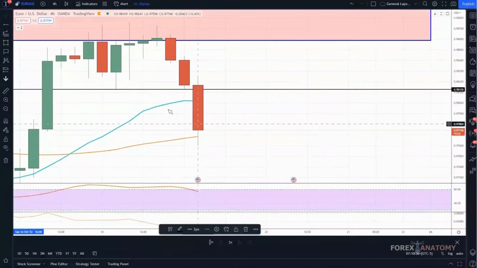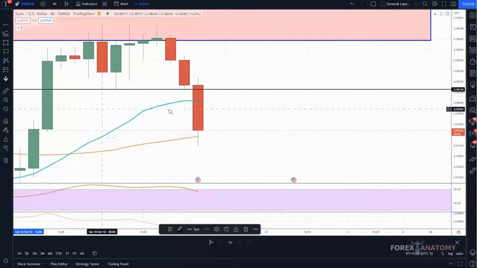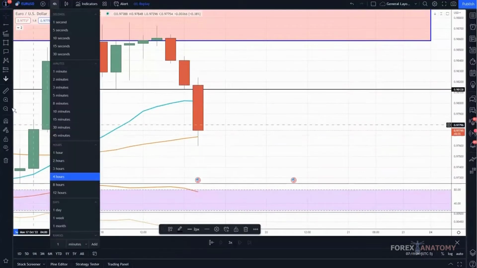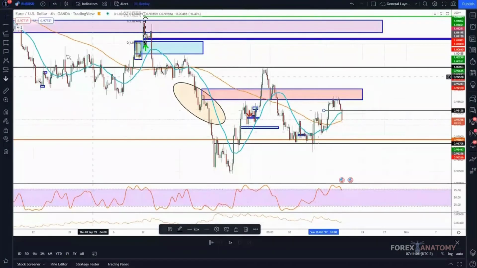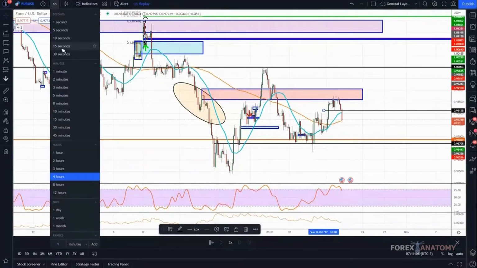This is the 4 hour right here. We just need to wait for this candle to close in order to know for certain whether this bias is shifting. But if you zoom out, we know the 4 hour is in a phase of transition.